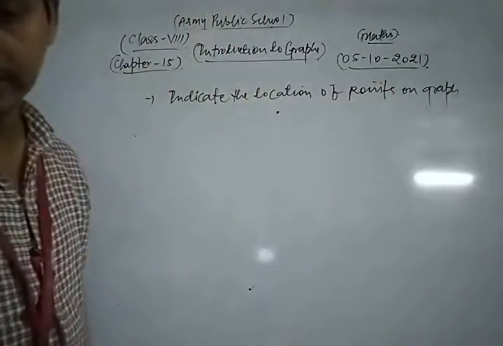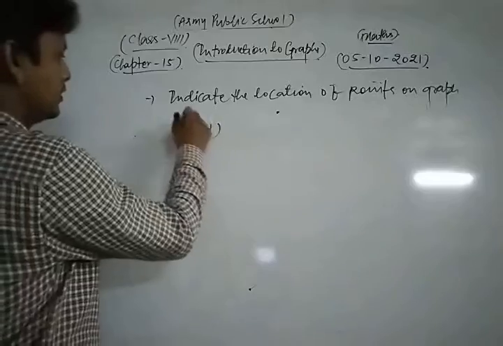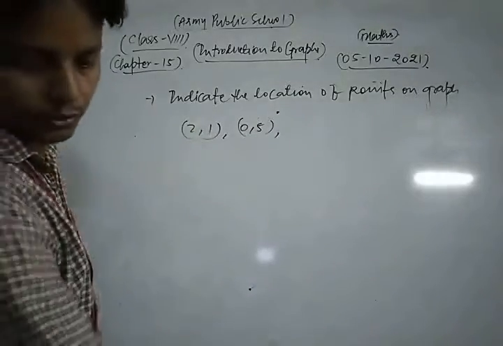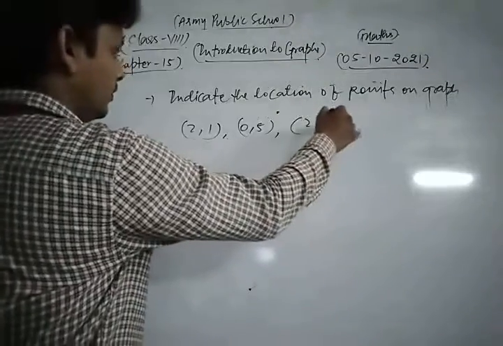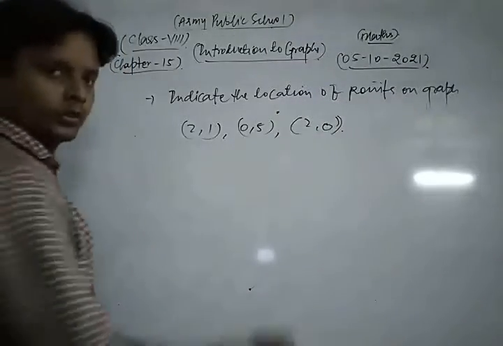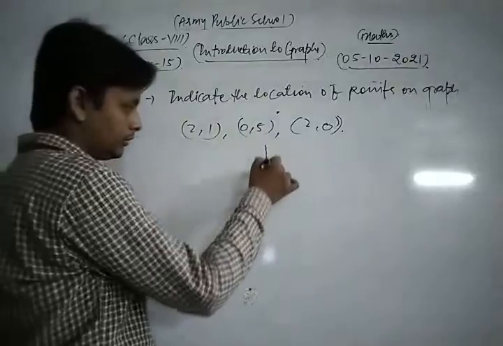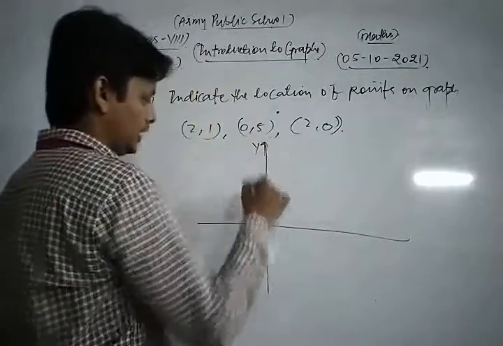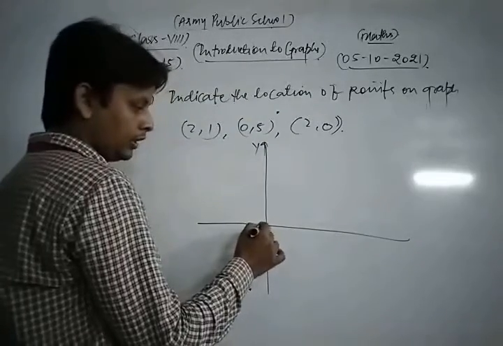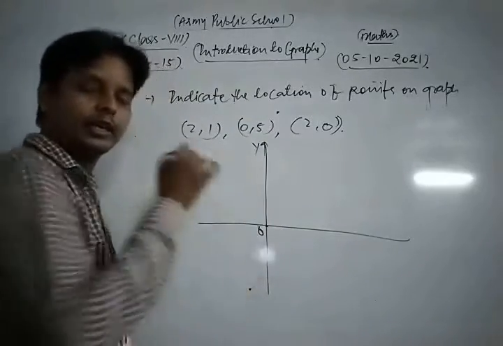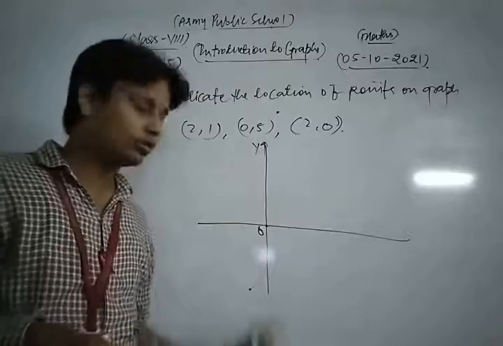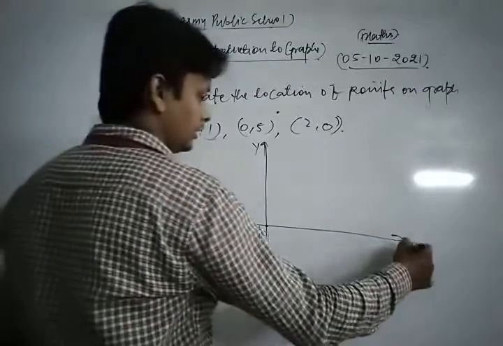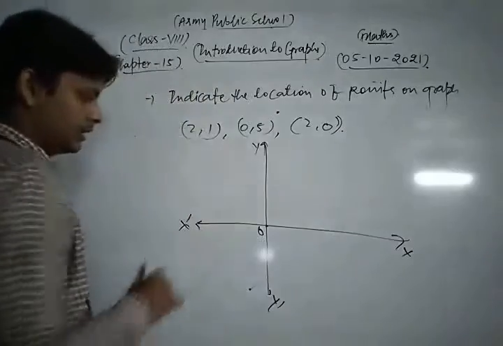Indicate the location of points like (2, 1), (0, 5), (2, 0). First of all, we draw the Cartesian coordinate system like that. This is y, this is the point of origin. At the origin both the x coordinate and y coordinate are equal to 0. And this is y dash, this is x, this is x dash.